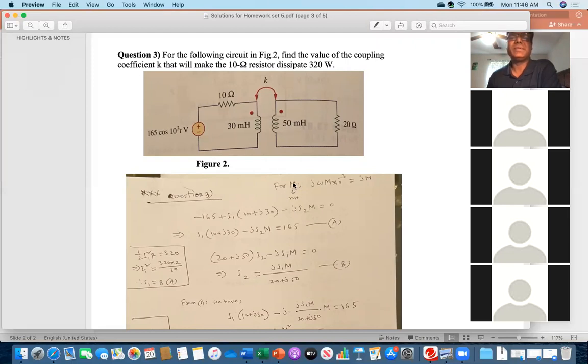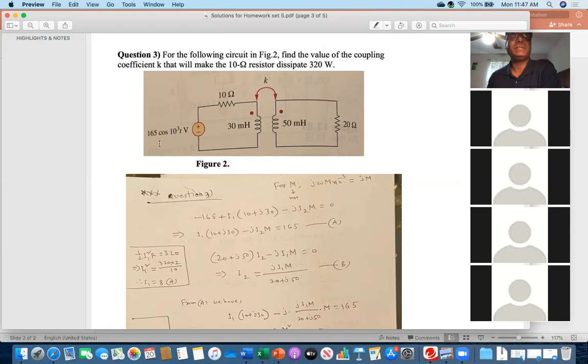For mutual inductance, jωM, and because I am assuming M is in millihenry, I multiplied by 10 to the power minus 3 to make it henry. And you see the omega value is 10 to the power 3.